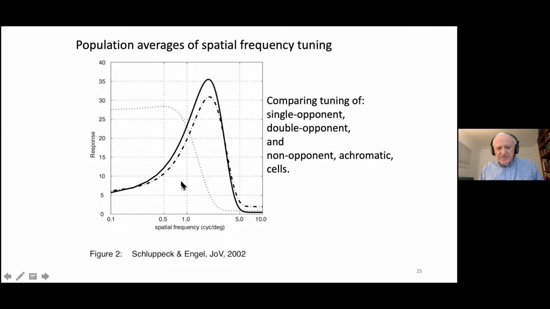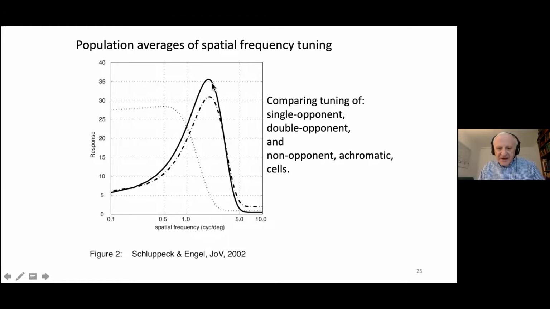And if we look at the spatial frequency tuning, going back to the spatial frequency domain, and look at these double opponent cells and compare them to single opponent cells. This is a paper done by Dennis Schlippick and Steve Engel using the data from Elizabeth Johnson and Mike Hawken and me, but doing the work that we didn't do of actually looking at the population average spatial frequency tuning.